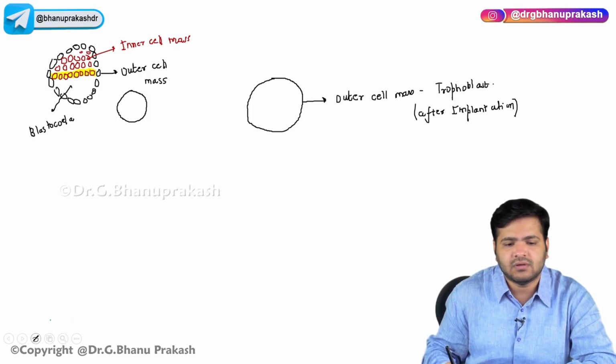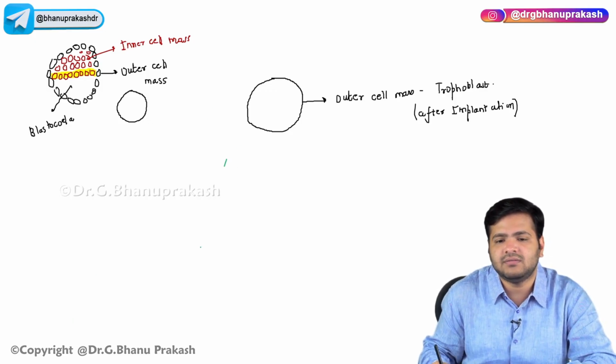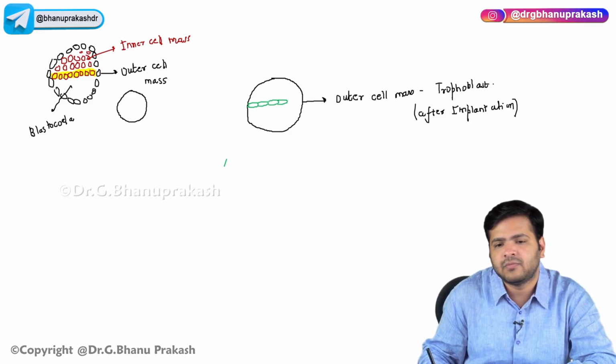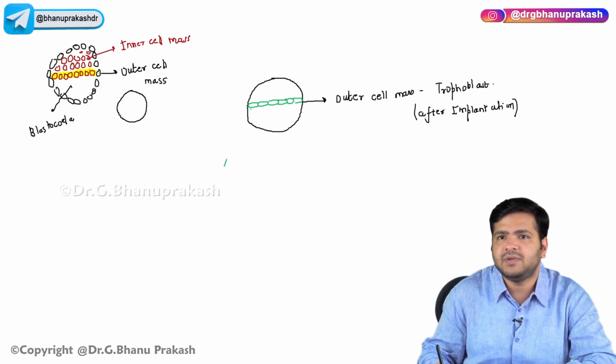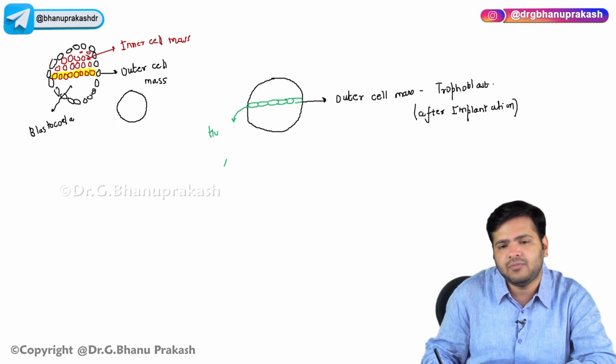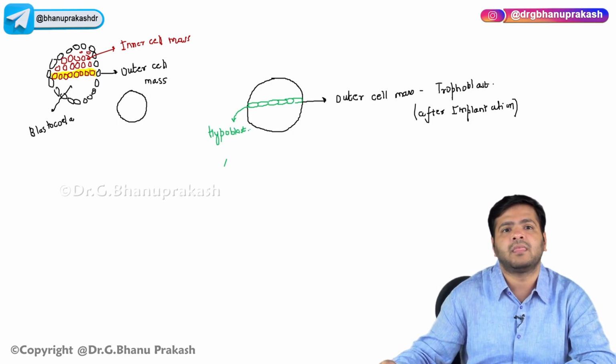Let me draw it with green color so that it's easier to notice that yes, we have this hypoblast which will be formed. This inner cell mass will be changed into these cells, and these are called the hypoblast, the cells which are facing towards the cavity.